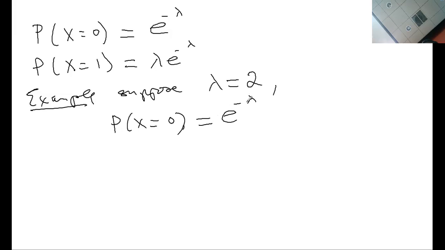So it is e to the minus lambda. And this is equal to e to the minus 2, 1 over e squared.